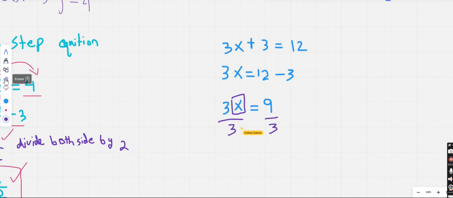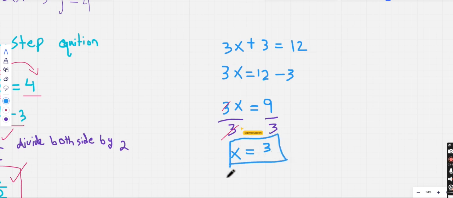Understand? Now you see from here 3 and 3 cancel out each other. Good. Where x is equal to how much? Equal to 2. No, 3. Because 9 divided by 3 is 3.